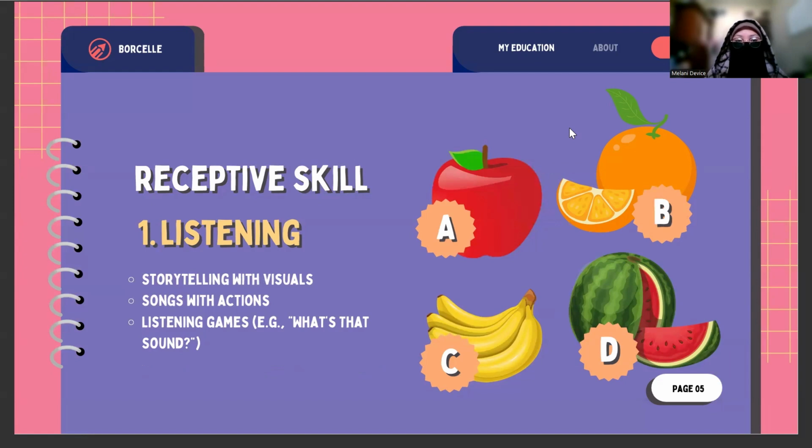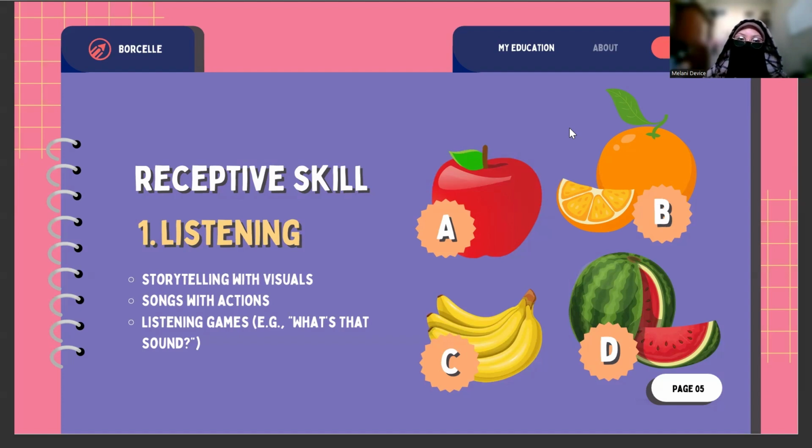When we are teaching receptive skills, especially listening, there are several techniques for making our lessons more engaging. It can be storytelling with visuals, using YouTube media or real objects when we're telling the story, and also songs with actions and listening games like instructions, move, freeze, or something like that.